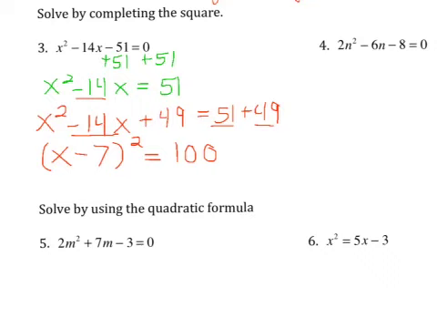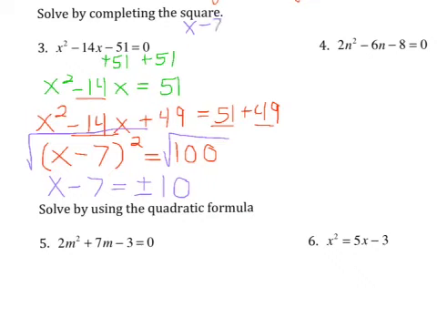Now we're almost done solving the equation. The next step is to take the square root of both sides to undo the square, because we want to get x by itself. So we have x minus 7 equals plus or minus 10. Because whenever we take a square root, we want to remember about the plus or minus. So now at this point, we can make two equations.